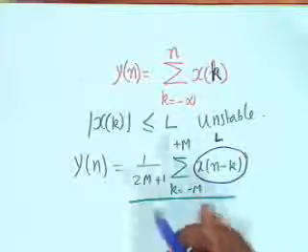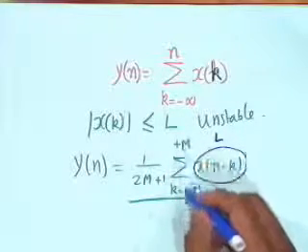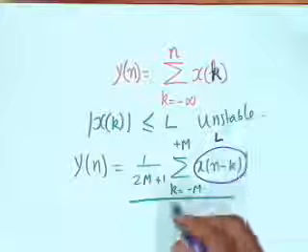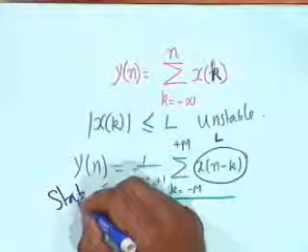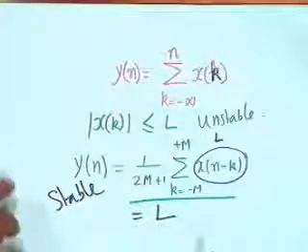You see, if x of n minus k is limited to L, then I have twice m plus 1 samples of L. Yes, you are right. It goes to L, and L is bounded, and therefore this system is a stable system.